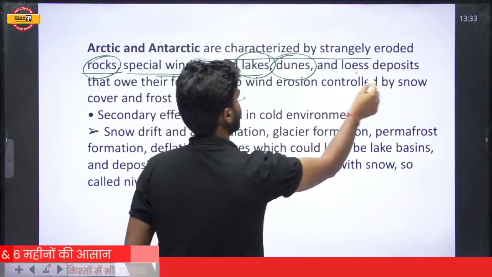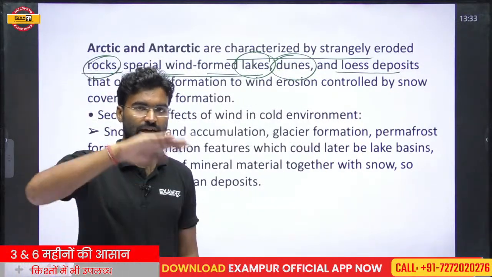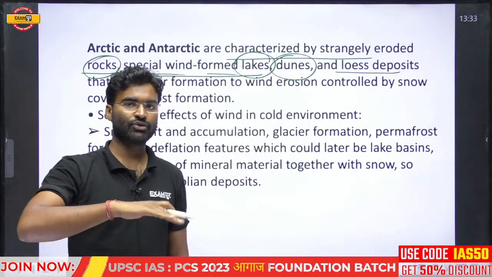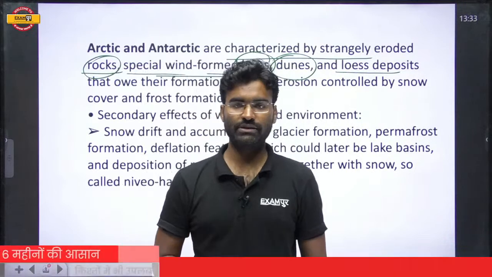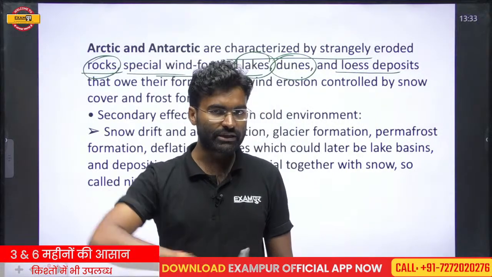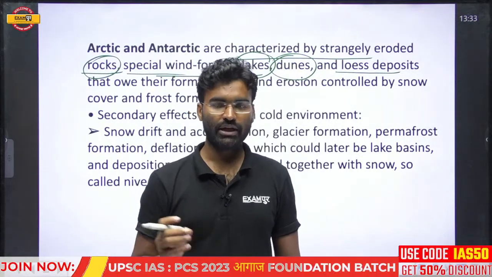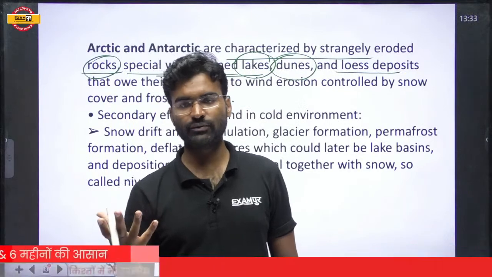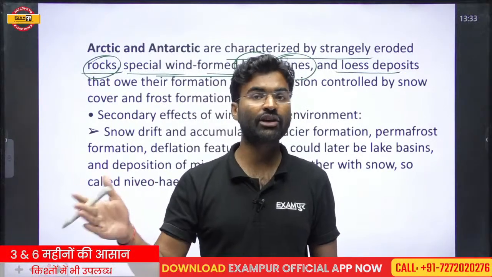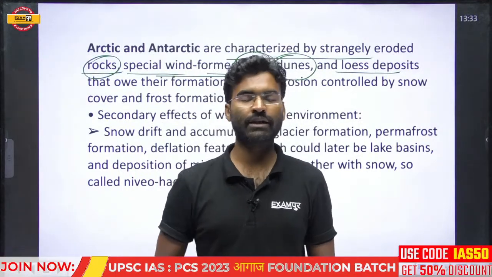Dunes and loess deposits. Loess deposits and dunes mean an upward direction. One type of structure formation like this is the dunes. Loess deposits: if any sediment is deposited on the land surface, on the plain, that is a loess deposit. That means the sand particles or sediments which are carried with the wind are deposited at that particular region.